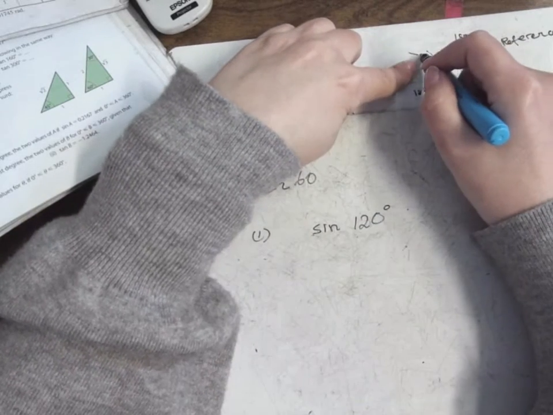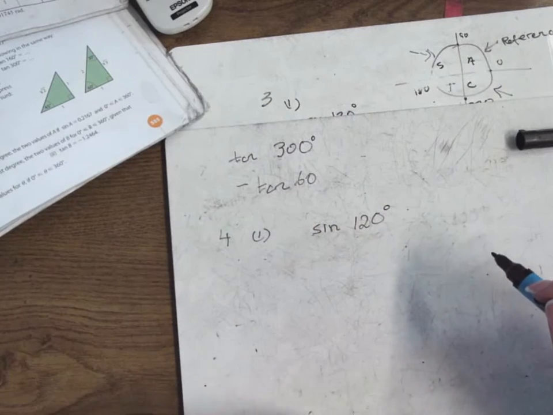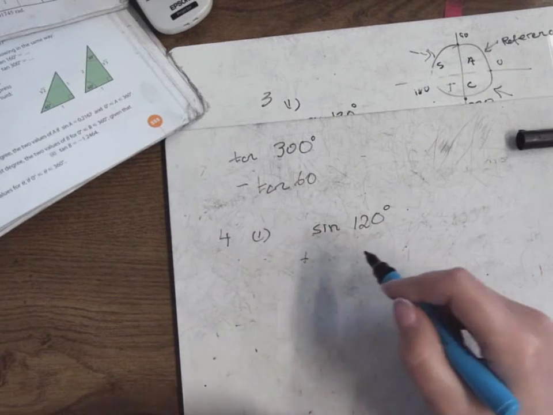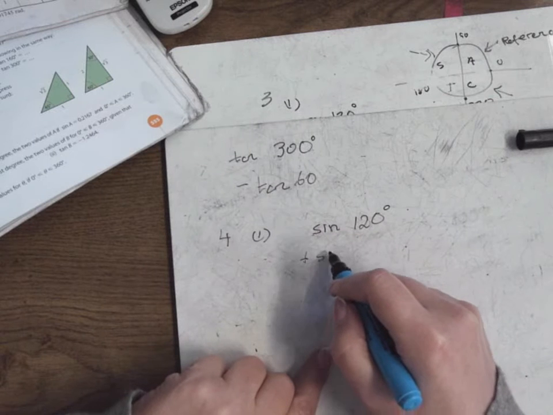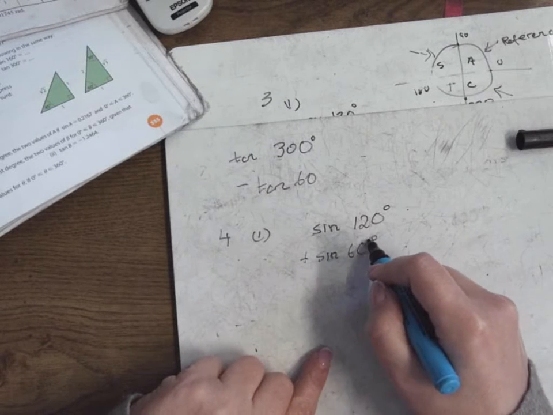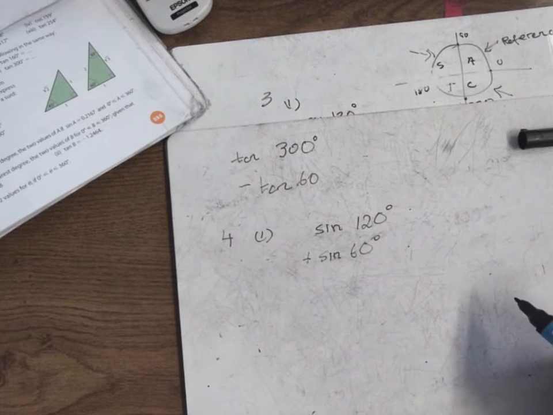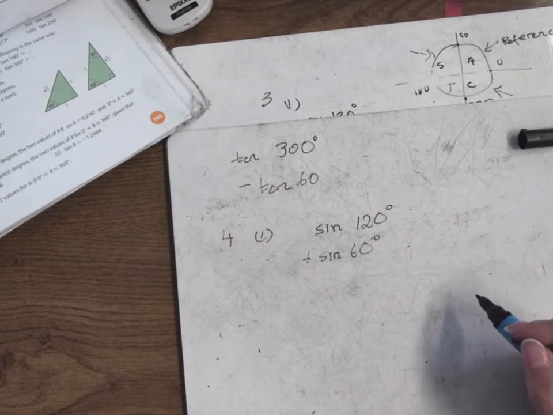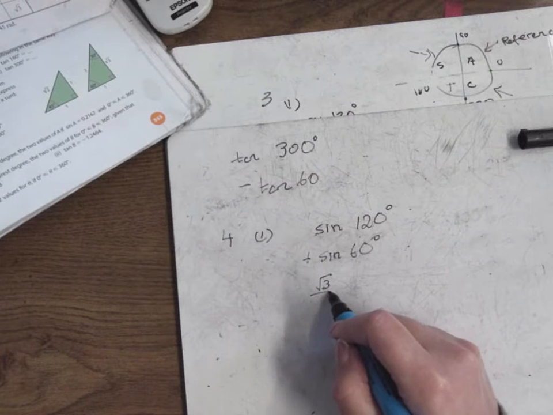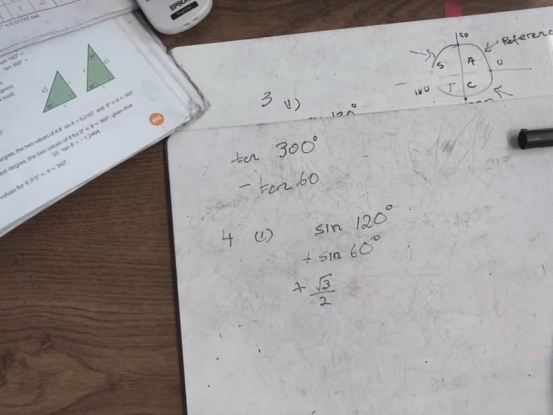Positive or negative? Is it a plus number or a negative number? The sine of 120 is going to be positive. What's the reference angle? 60. So we get the sine of 60 and we put a plus in front of it. On the calculator you get sine of 60, and it'll come up as root 3 over 2. Don't bother turning it into a decimal. Root 3 over 2, and you know it's a plus. That's all you have to do.